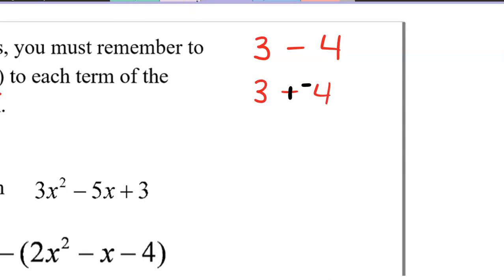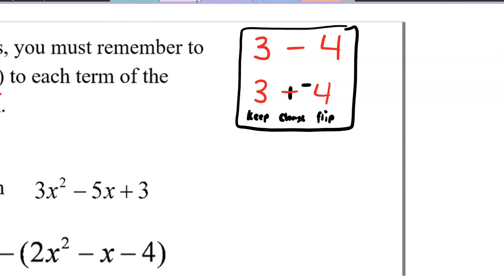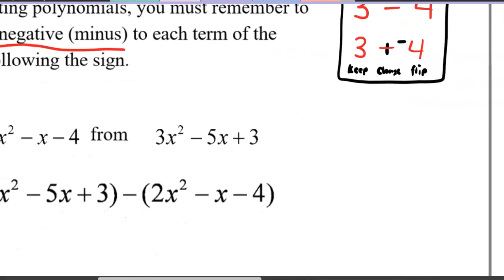And there's many different reasons, and I'm not going to go into the why this is the case, but I know a lot of teachers use this idea of keep, change, and then flip. And that's a way for us to take a subtraction problem and turn it into an addition problem. So this is what we learned years ago in middle school when you start to talk about adding and subtracting signed numbers. We're going to use a very similar concept for polynomial subtraction as well.